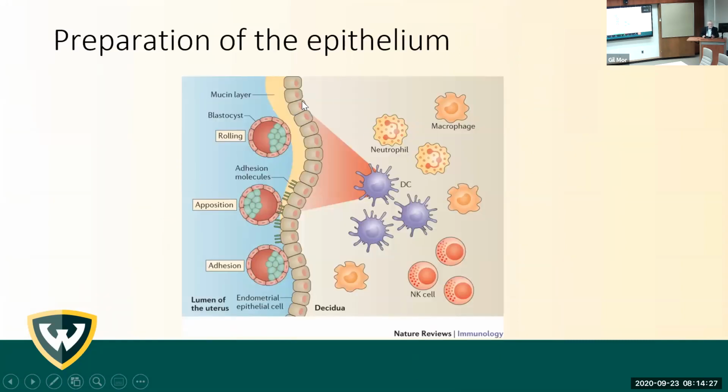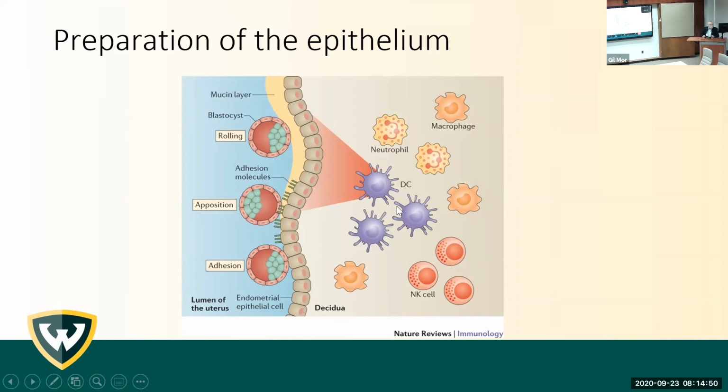So let's start with the preparation of the epithelium. As I mentioned to you, the epithelium is covered with this mucin, and as you see in the graphic, if there is a mucin, the blastocyst cannot attach. So the factors coming from the immune cells need to remove that mucin, number one.